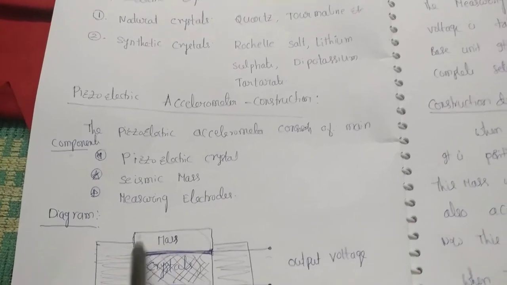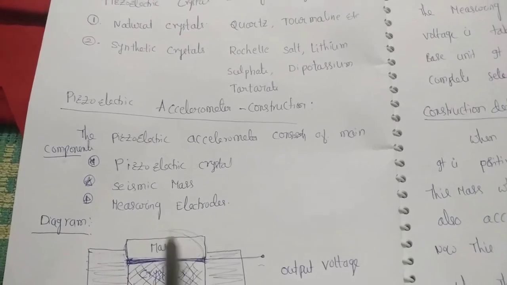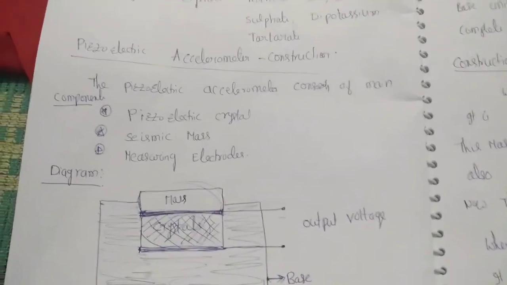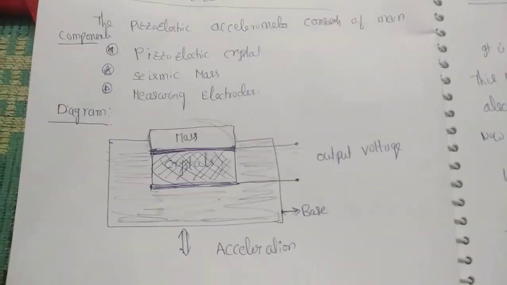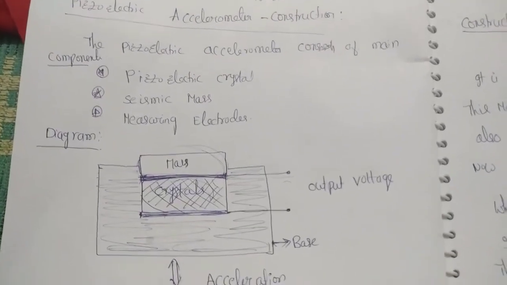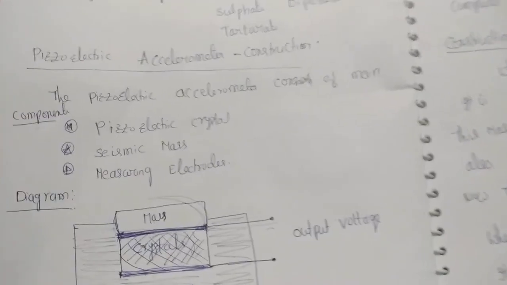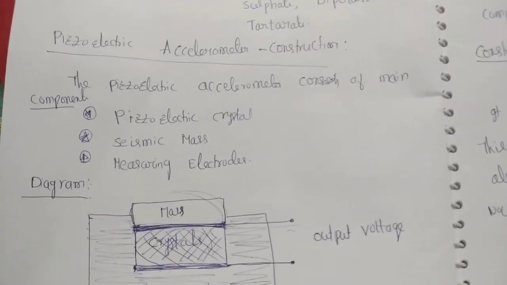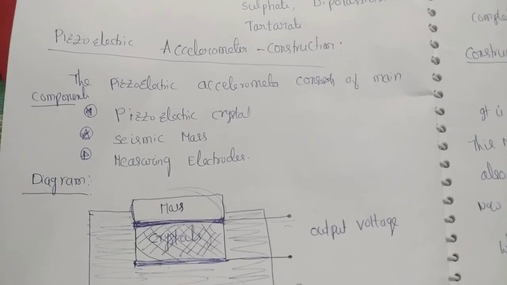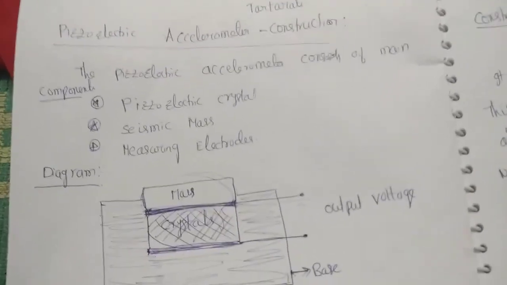Above the crystal, a known mass, the seismic mass, is arranged. The complete unit is placed on one base. The output voltage is taken across the electrodes when it is subjected to acceleration. The piezoelectric accelerometer consists of mainly three components.